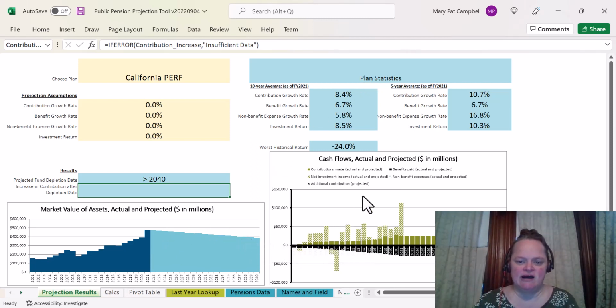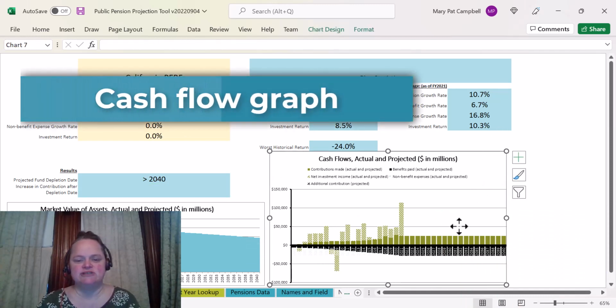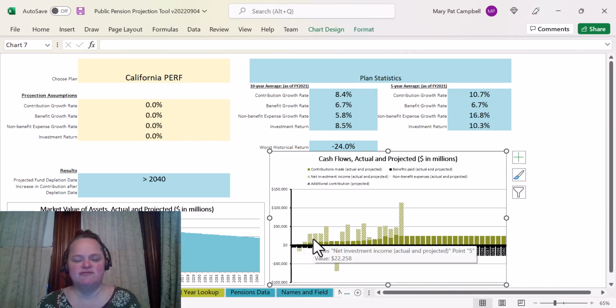So what's going on in the graph over here to the right? These are cash flows, actual and projected. What are these different cash flows that we see? Let me start with the easy one, which is these olive stripey ones, and those are the net investment income cash flows. Because my investment return is 0%, that means there's basically no net investment income in the future.